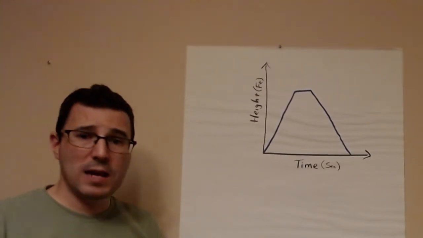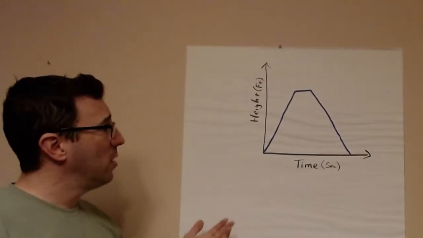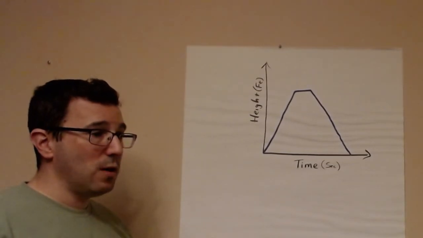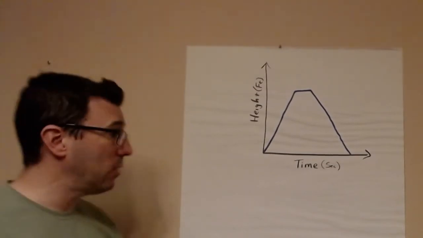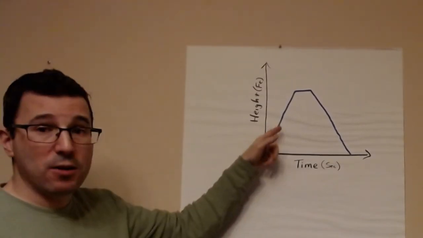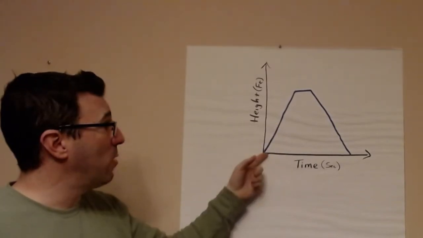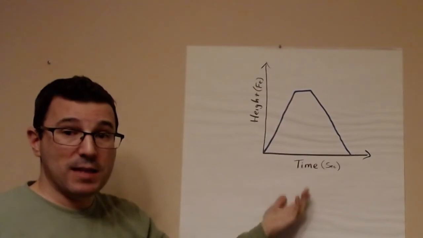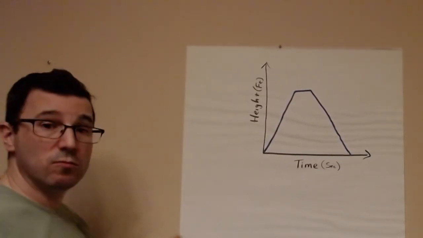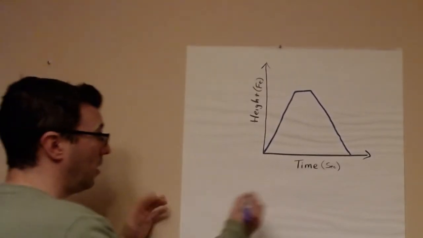You know, I could say that someone was going up a ladder. Okay, someone's going up a ladder. They needed to change a light bulb, so they went up the ladder. They changed the light bulb. They came back down the ladder. That makes sense. All right.